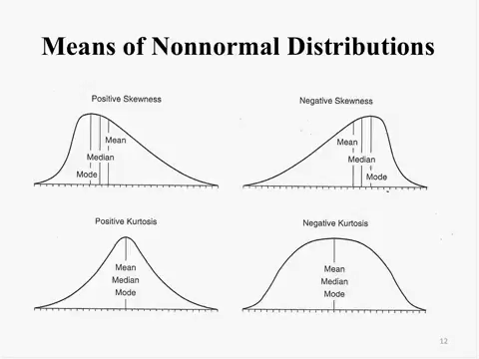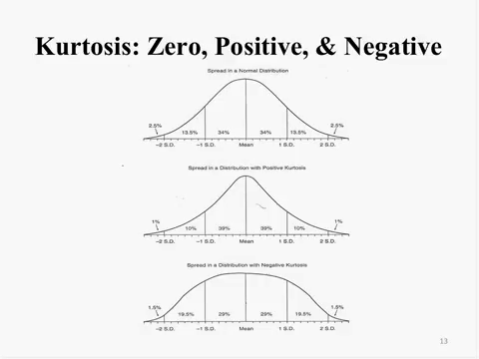Now, let's take a look at positive kurtosis, both with normal distributions, no skewness involved. With positive kurtosis, where kurtosis is that indication of how peaked or flat the distribution is compared to a normal curve, the mean, median, and mode are dead center on each other, and you can see there's a peaked value where it looks like you're climbing up a mountain.